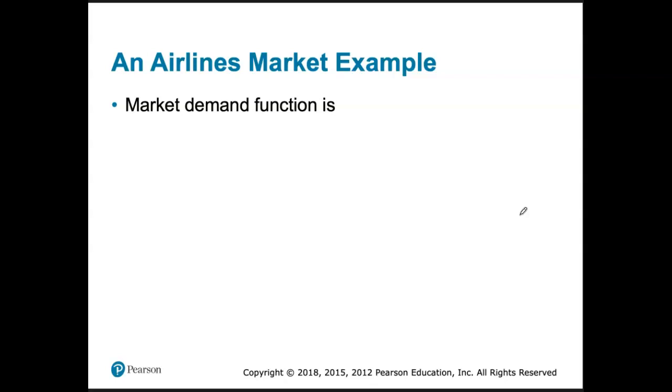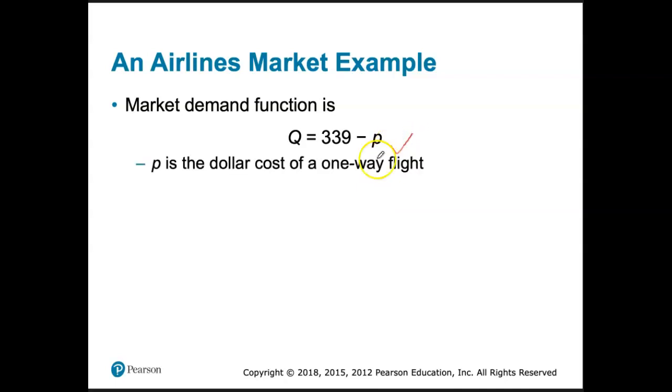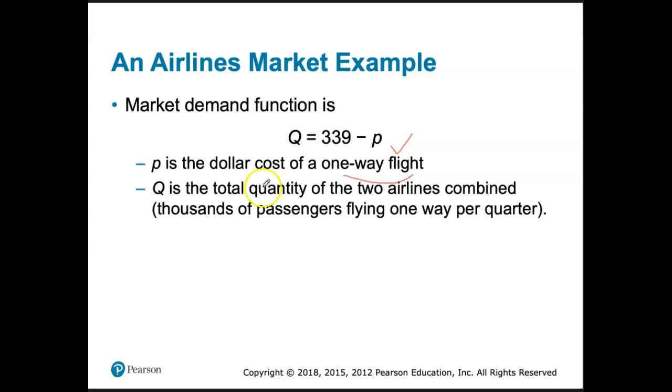So we have a market demand function given by Q equals 339 minus P, where P is the dollar cost of a one-way flight. Q is the total quantity of the two airlines combined, measured in thousands of passengers flying one way per quarter.